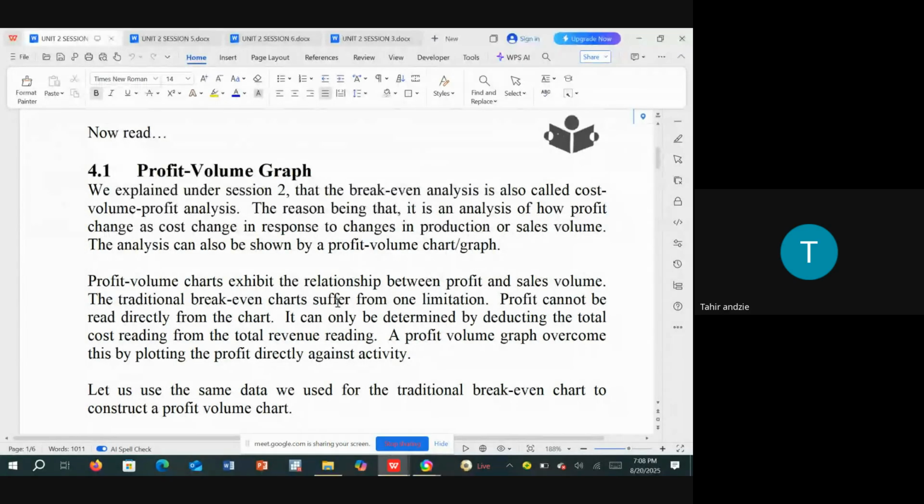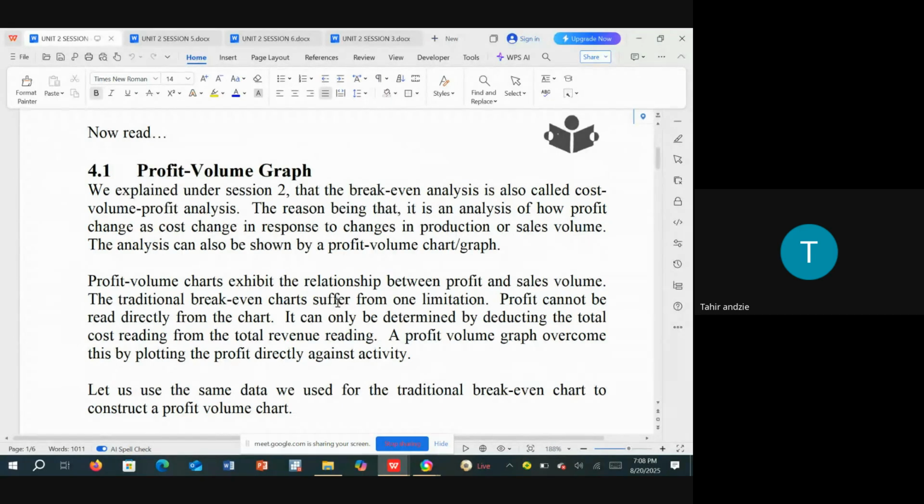So that is why we are saying that break-even analysis is also called cost volume profit analysis, because it is just the study of the interrelationship between cost, volume, and profit. So we are looking at what happens to profit when there are changes in cost, given the selling price.